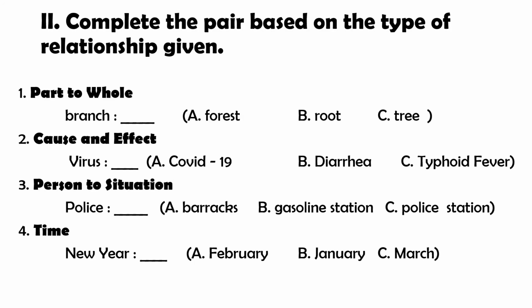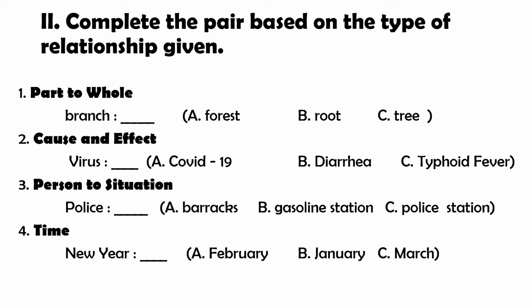Okay, the next part of our activity is to complete the pair based on the type of relationship given. Number 1. Part to whole. Branch is to blank. A. Forest. B. Root. C. Tree. Number 2. Cause and effect.